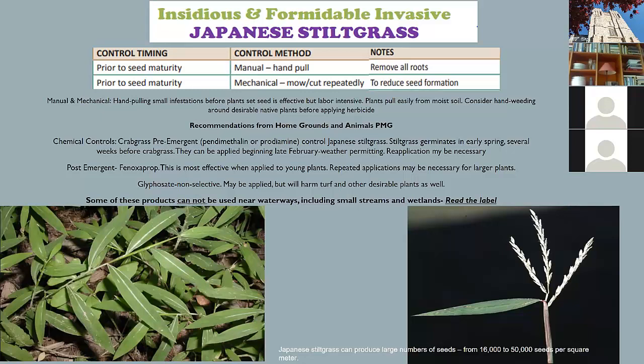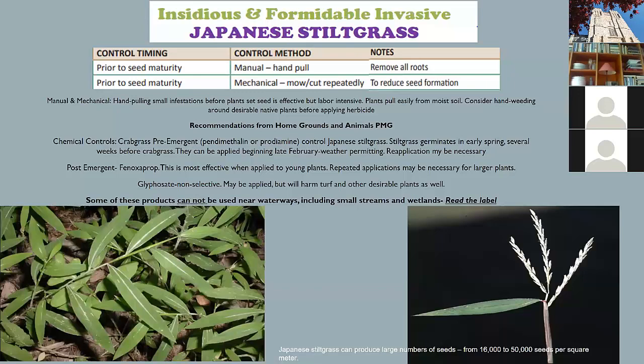So these chemical recommendations were taken from the Home Grounds and Animals Pest Management Guide that we use here at the office. So chemical controls, you can use a crabgrass pre-emergent to control Japanese stiltgrass. Stiltgrass does germinate early in the spring, several weeks before crabgrass. So the chemicals can be applied beginning late February, but remember that reapplication may be necessary.